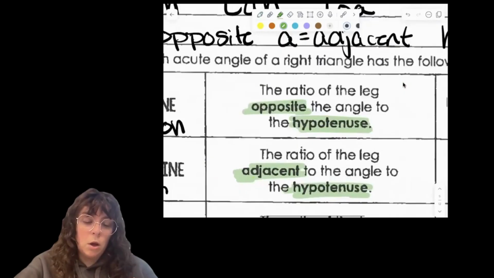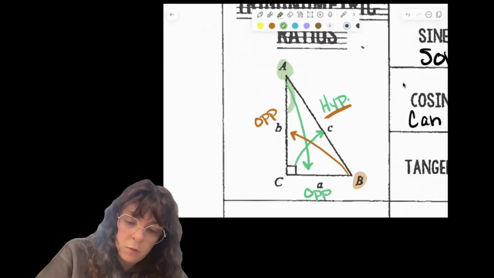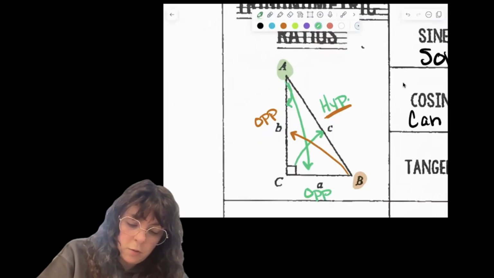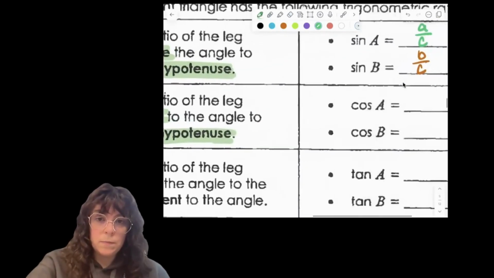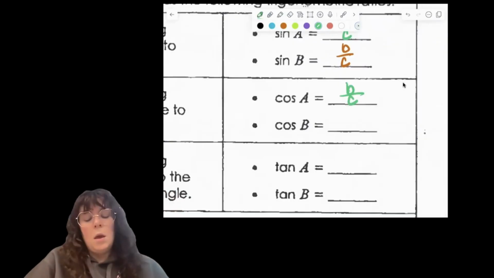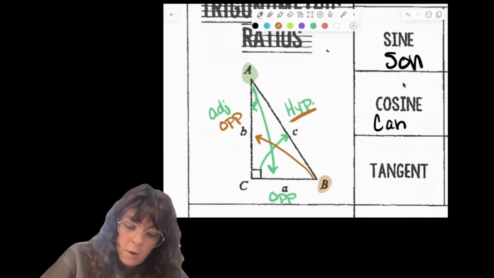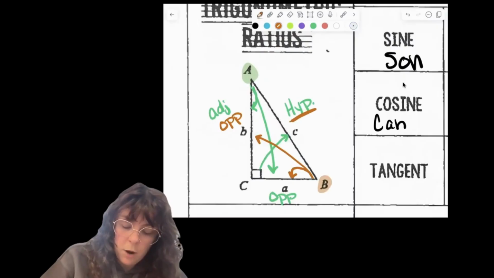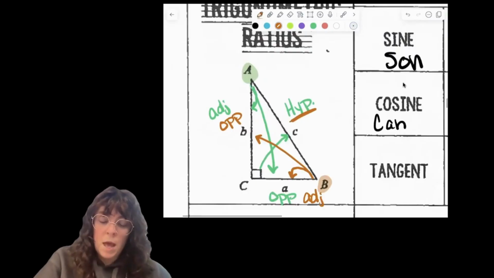So for the cosine of A, the side right next to that angle is right here, so the adjacent side for A would give B over C. For the cosine of B, the side right next to the angle is A, so it would be A over C.